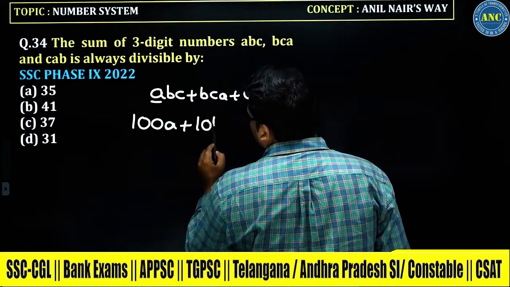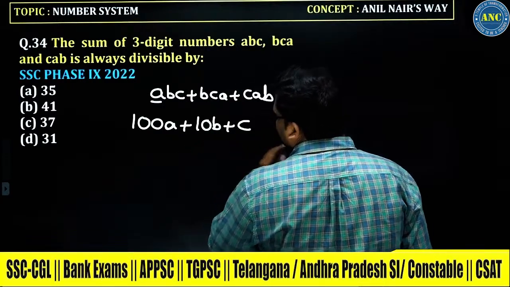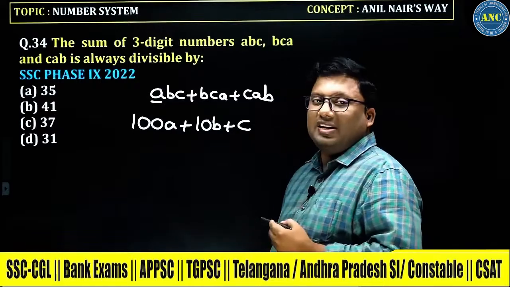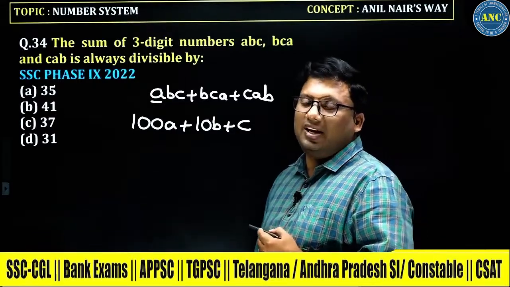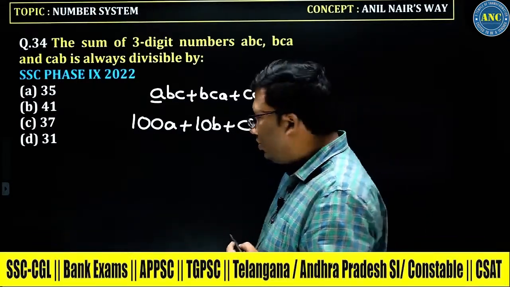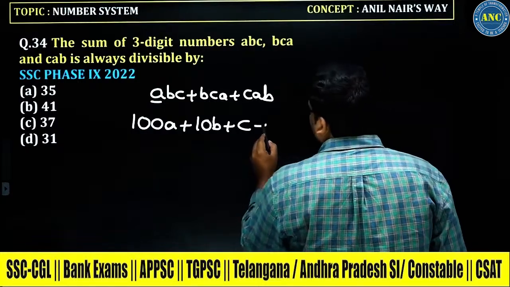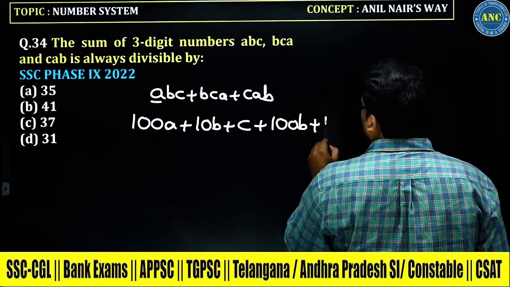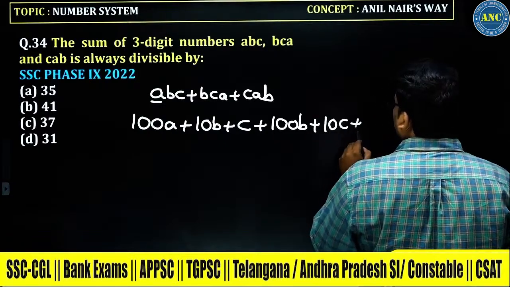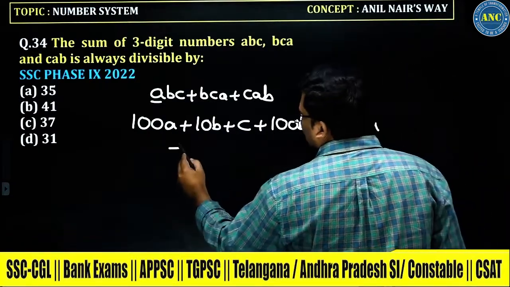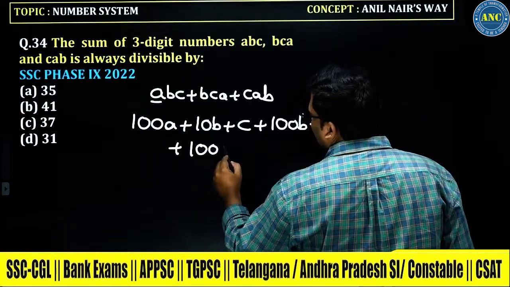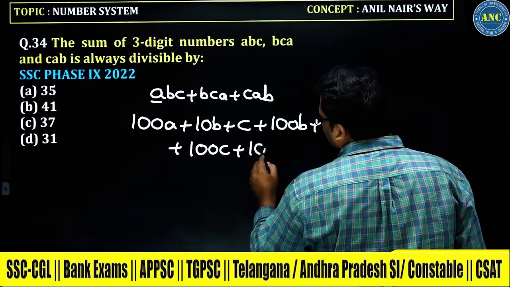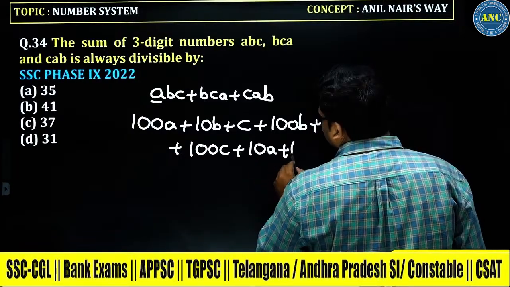B is in tens place, so the value of B is 10B. C is in units place. In BCA, B is in hundreds place, 100B, C is in tens place, 10C, plus A. In CAB, C is in hundreds place, 100C, A is in tens place, 10A, plus B.